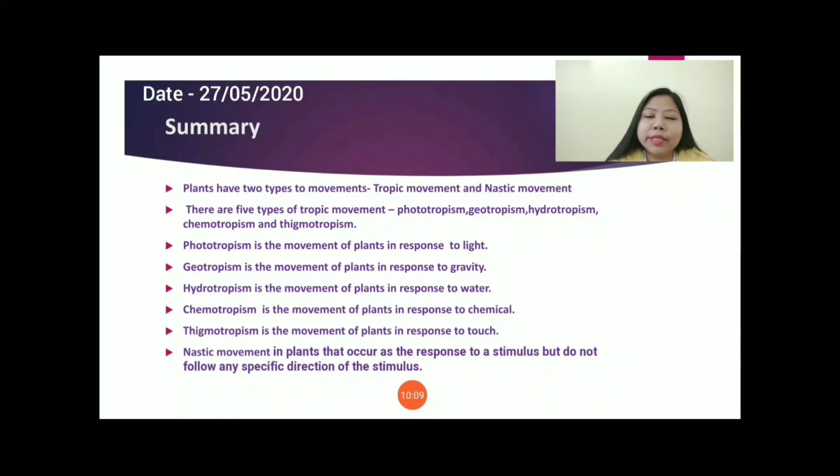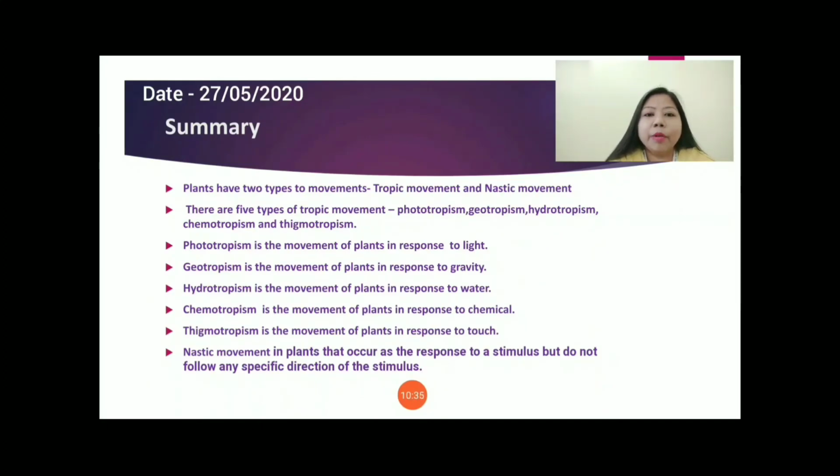Phototropism is the movement in plants in response to light. Geotropism is movement in plants in response to gravity. Thigmotropism is movement of plants in response to touch. Then hydrotropism is response to water, and chemotropism is the movement in plants in response to chemicals.